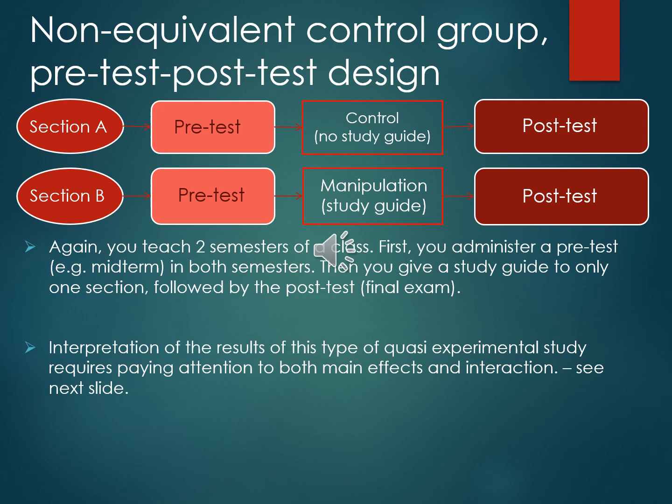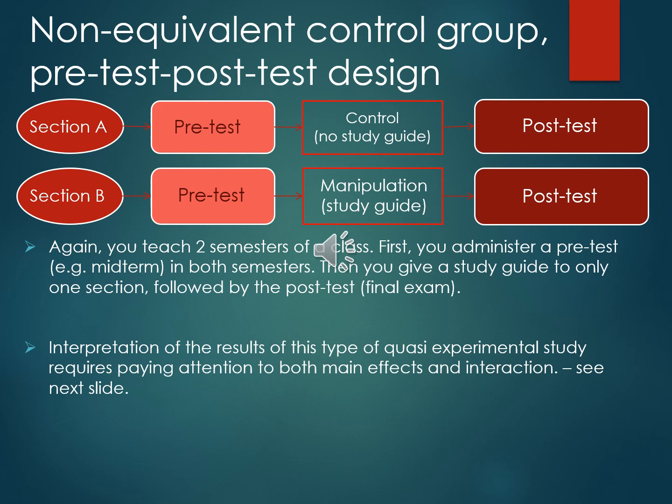One group experiences the control condition, the other group experiences the manipulation. So the difference between these two groups is the independent variable. After this, the people are post-tested. Therefore, you compare the pre-test and post-test performance across these two groups.